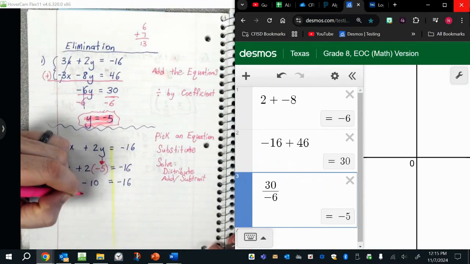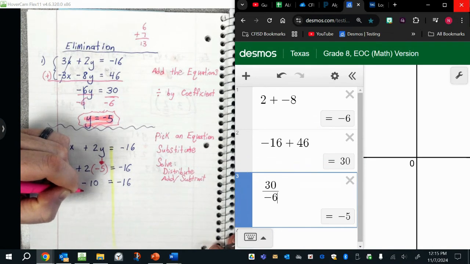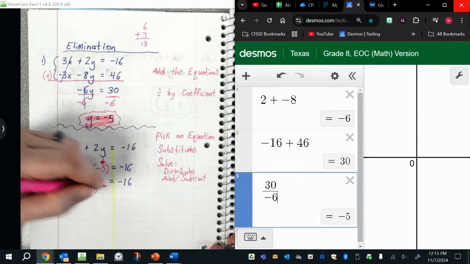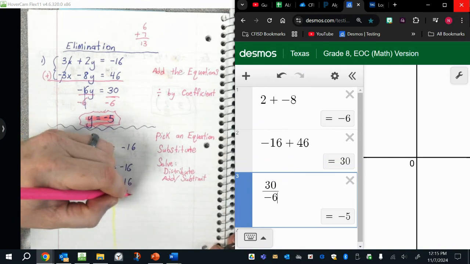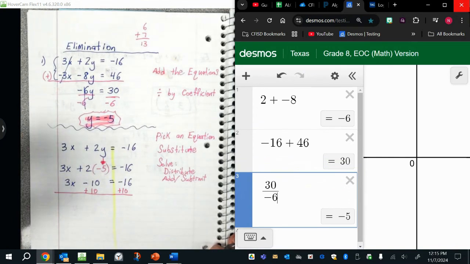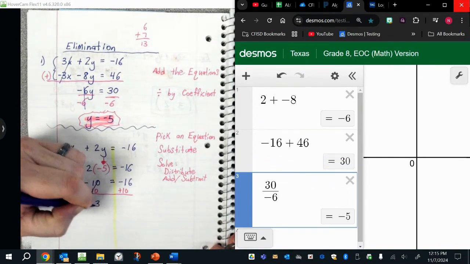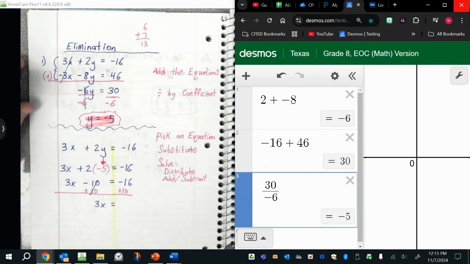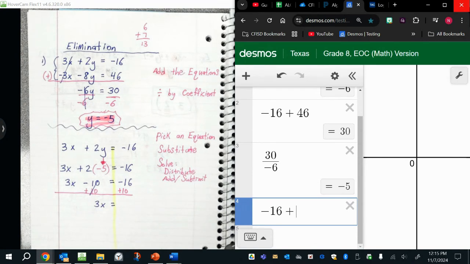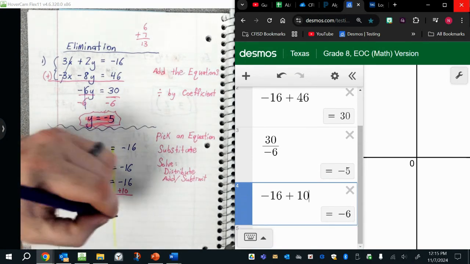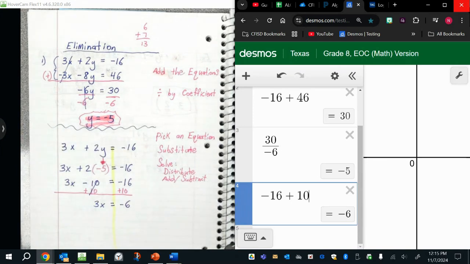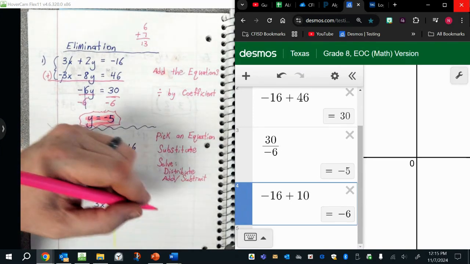In this case, we're going to add 10. And now I have 3x equals -16 plus 10, -6. And then we will divide again.